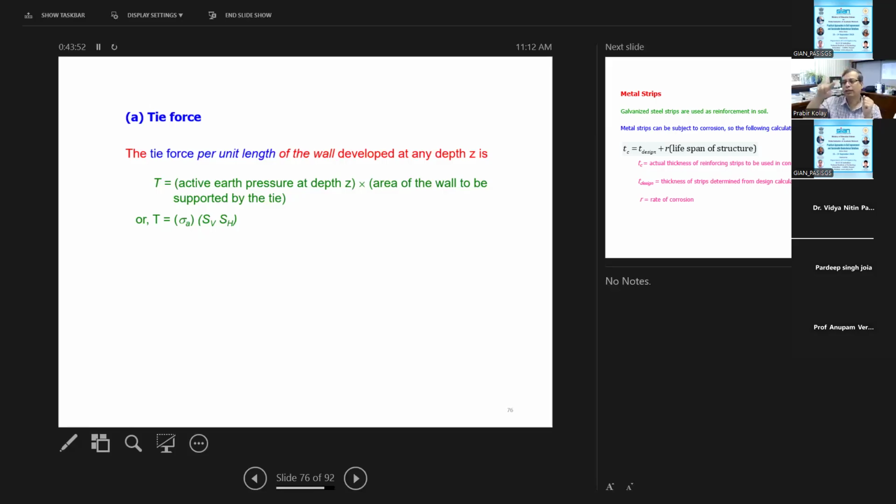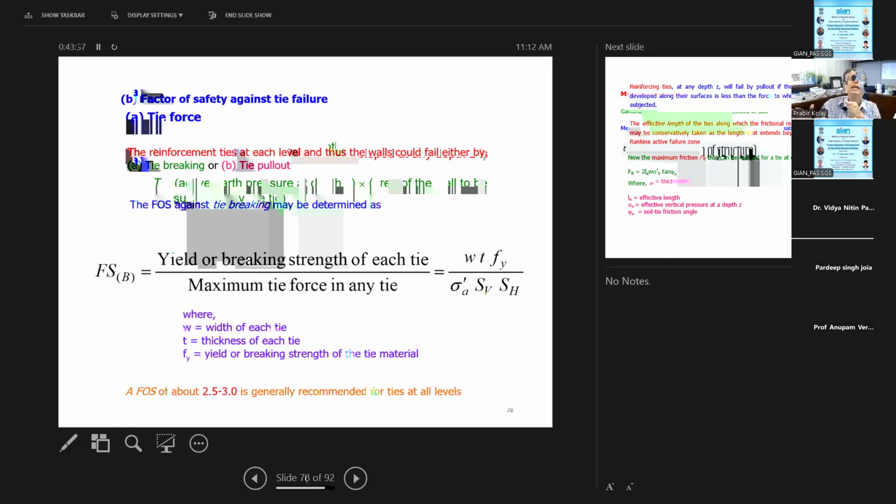From the top it is 0 and it's going down, and the total lateral earth pressure at the base of that retaining wall is gamma times the height of the wall, and then one is the factor of safety for the tie failure.